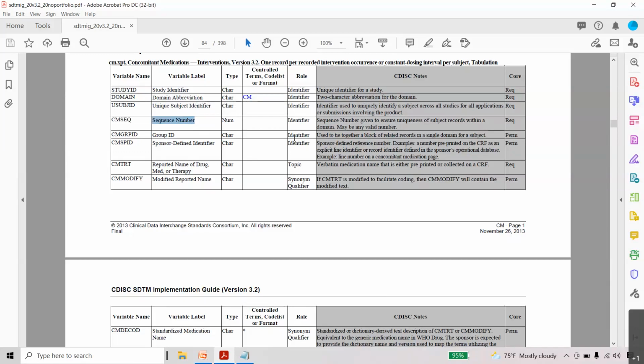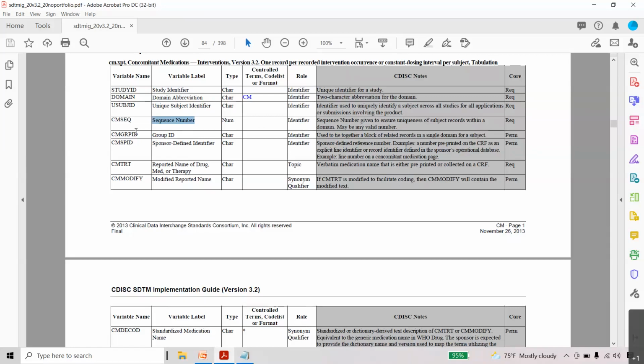By the sequence number we can identify the record, that on that day what medication the subject has taken and what category of medication. And of course we can see what is the dose amount and what is the administration of that medication. Those details we can also see particular to the CM sequence record.